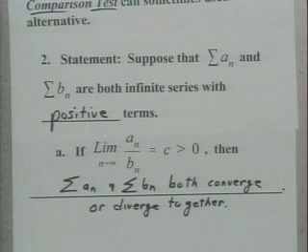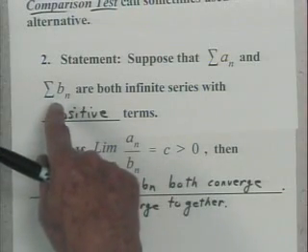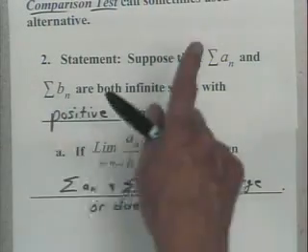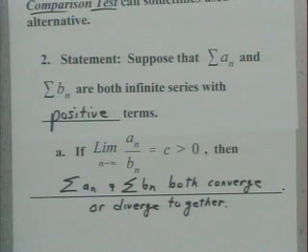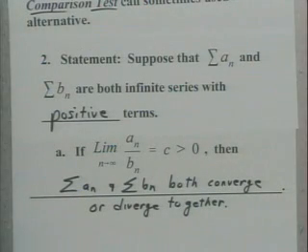So if the limit of the ratio of their nth terms turns out to be a number that's greater than 0, then whatever one series does, the other one does. Now, of course, we're assuming that you know what one of them does, right? You picked it that way. So this way you don't have to go through all the work of trying to show that a sub n is less than or equal to b sub n, or vice versa. Just take the limit of their nth terms, and if it turns out to be positive, they do the same thing. Whatever one does, the other one does.